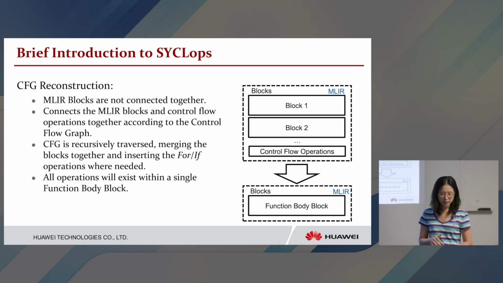Okay, so now we are going to connect the MLIR blocks and the control flow operations together according to the original control flow graph. The control flow graph is built with the loop analysis and dominator tree analysis passes that let us build the CFG, and we recursively traverse the original CFGs, merging the blocks and inserting the for operations and the if operations where needed.